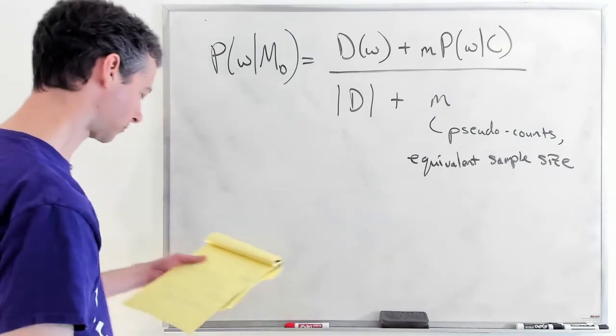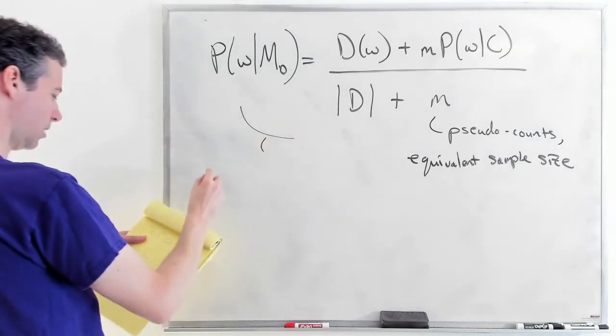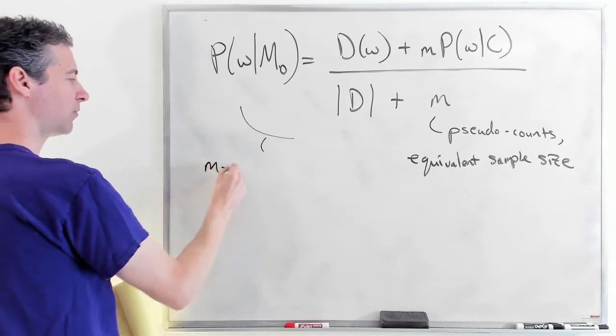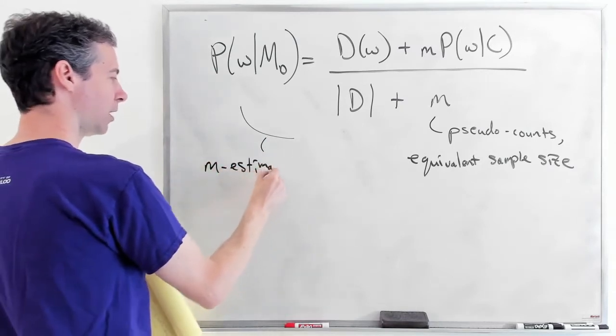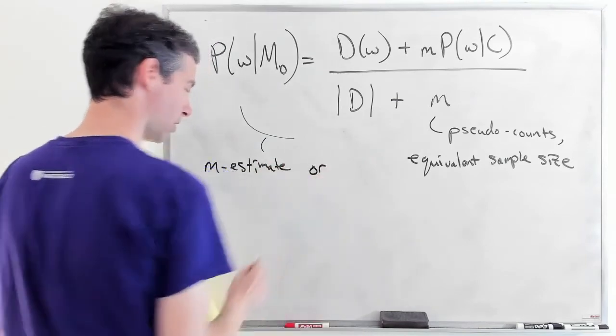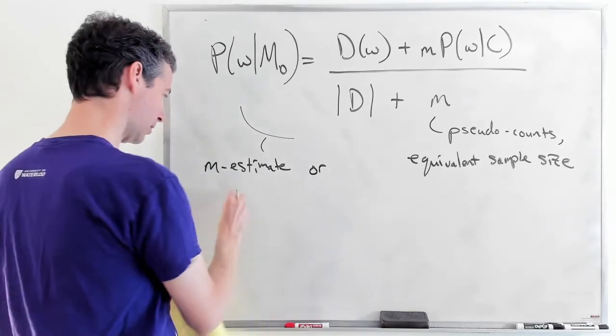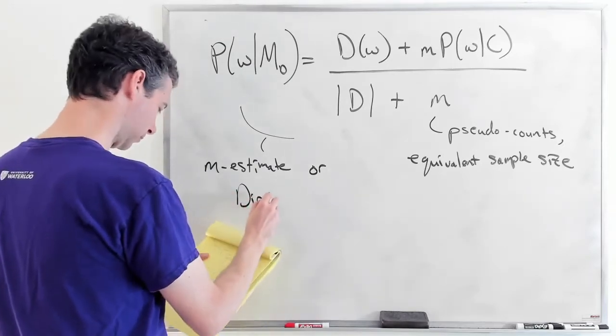All right. So this overall thing, if you do machine learning, you may very well see it called the M estimate. It's also known in the whole information retrieval literature as Dirichlet-Prior smoothing.